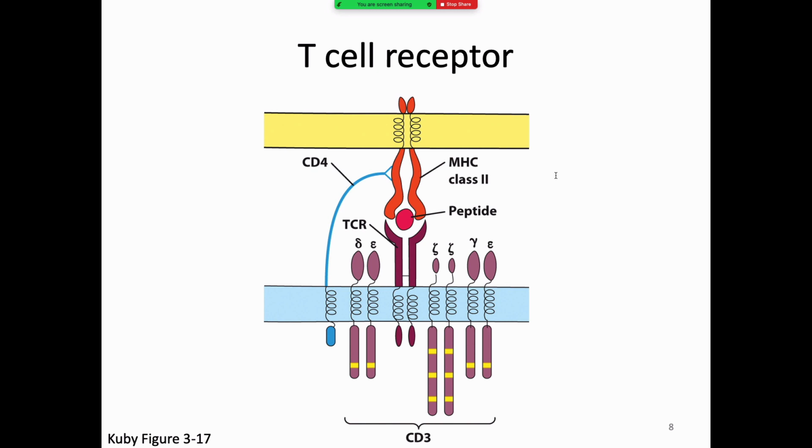In reality, there are a whole bunch of other proteins stabilizing this interaction. There are actually a whole bunch of proteins outside of this area that are grabbing the cells and holding them together to help out with the fact that this is a very low affinity interaction. So there are other types of proteins that are holding these cells together while this signaling takes place.